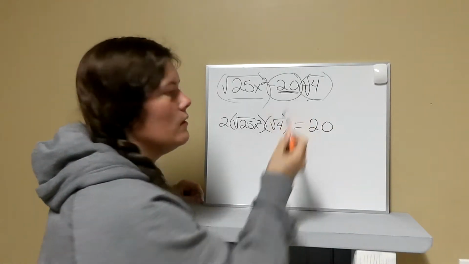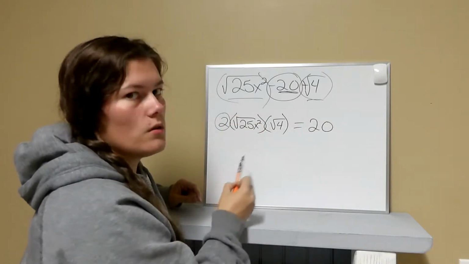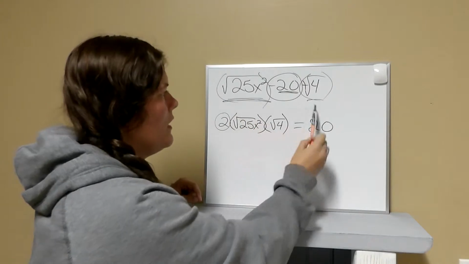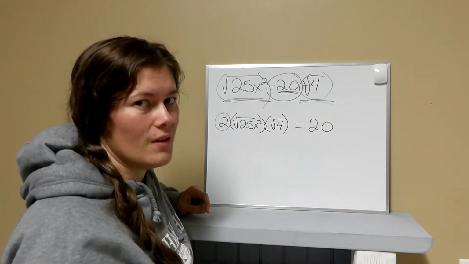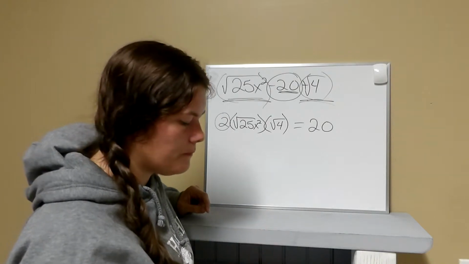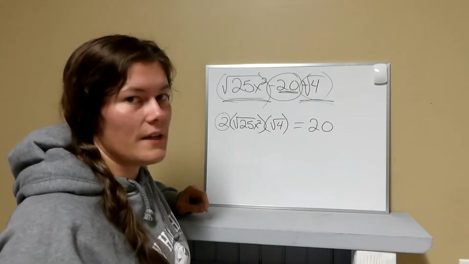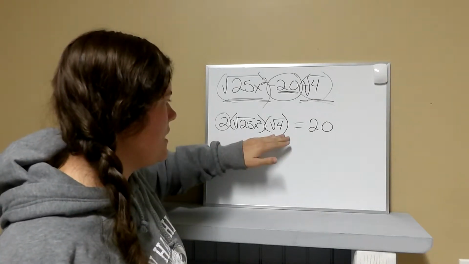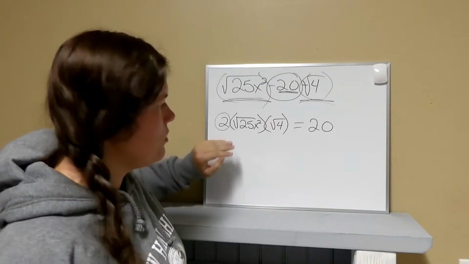Because this number is twice the amount of this number and this number for the square root. I really hope this is making sense. So then you would have to turn it into a binomial, which is kind of what we did here, and you give it an equal sign. And then you solve it.